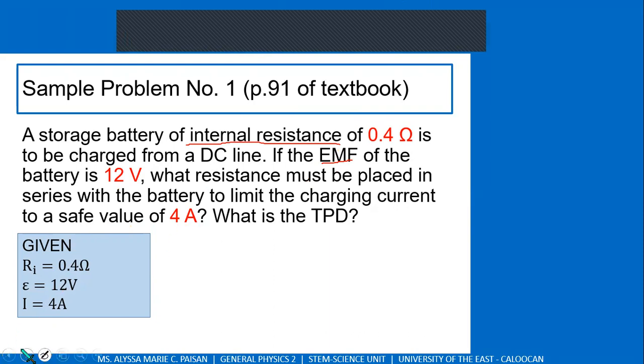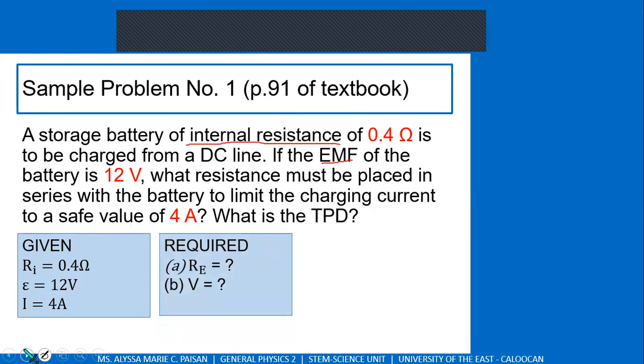Okay? And for the required, we are looking for the external resistance. Paano nasabi na external resistance? Hindi naman explicitly sinabi na what is the external resistance. But the question here is, what resistance must be placed in series with the battery? Therefore, it is outside the battery. It's a resistance outside the battery. Therefore, it is the same as the external resistance.